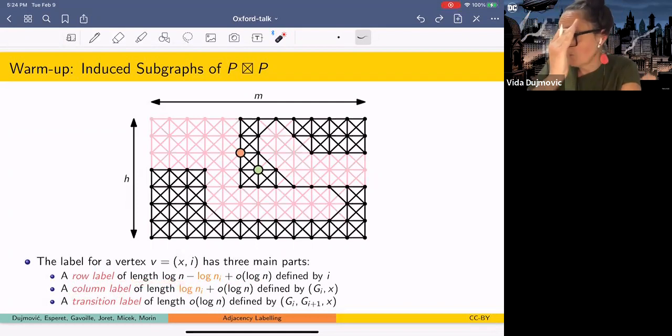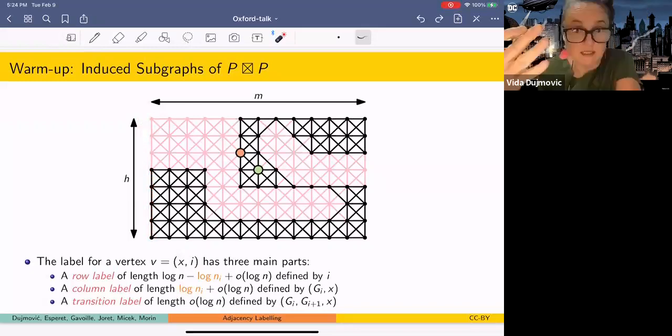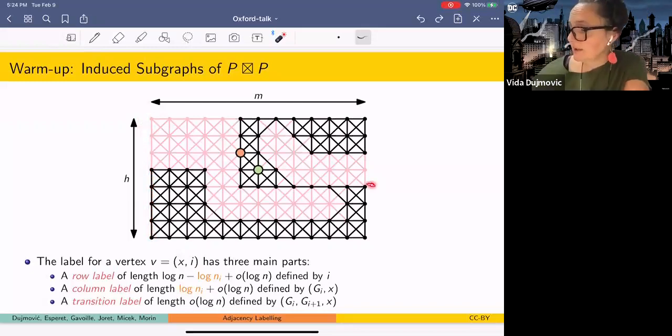Here's what we're encoding. The row label is just labeling 1, 2, 3, 4, 5, so this is also like a path. We are labeling vertices of the path. Each graph induced by a row is also a path, or rather a forest of paths.